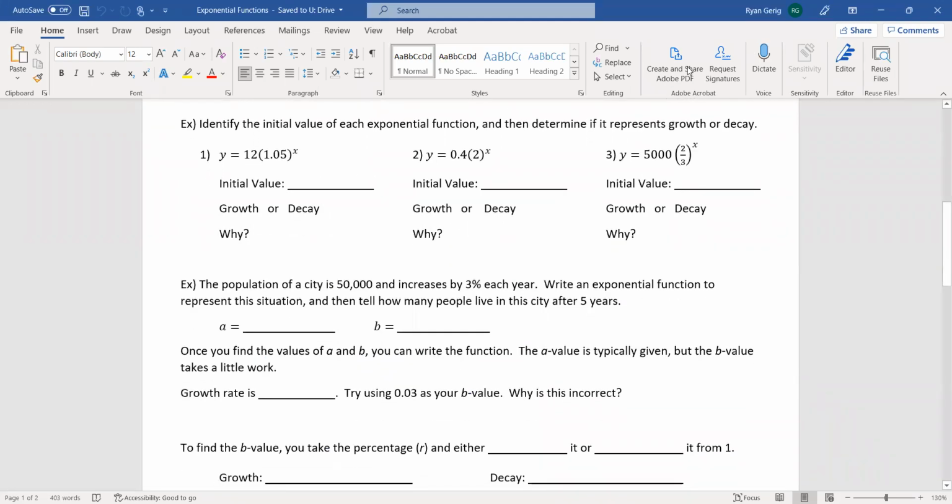Identify the initial value and then determine if it represents growth or decay. All right, so first one, the initial value is 12. Is this growth or decay? And how do you know? This one's actually growth because B equals 1.05, which means it's bigger than 1. Okay, anything bigger than 1, even if it's just a little bit bigger than 1, is a growth function.